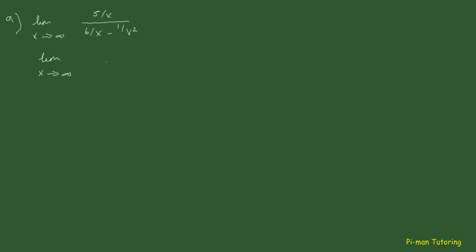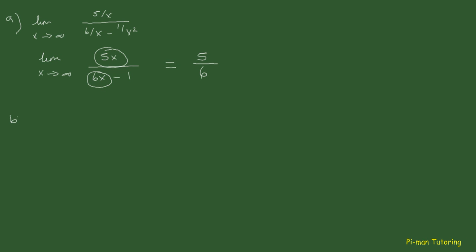As x tends to infinity, we'll get 5x on top, we'll get 6x on the bottom, minus 1. And this now looks much more familiar. We've got the same degree of polynomial on top and bottom, and so we know that as x tends to infinity, this function will tend towards the ratio of those coefficients.